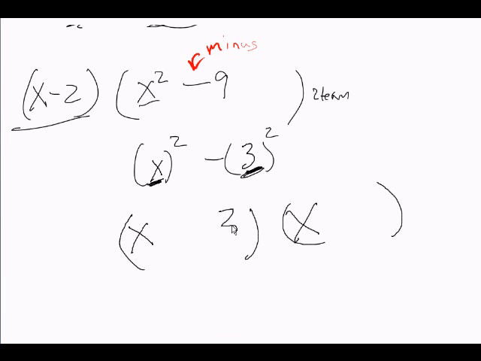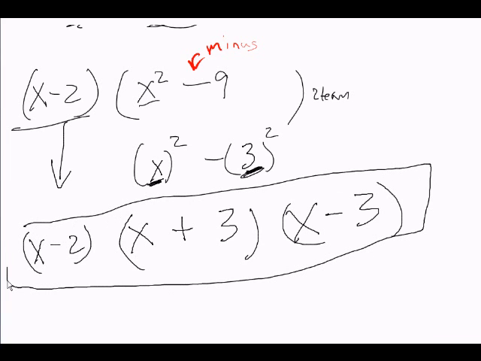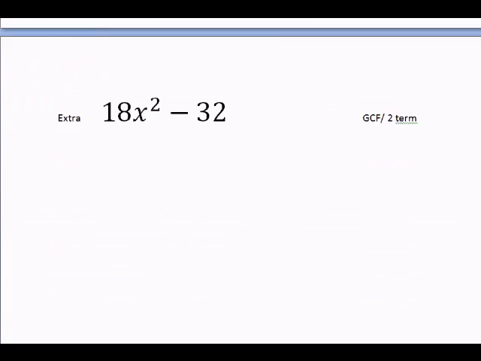Whatever's in the last parentheses goes into the last spot of each. You're always going to have 1 plus and 1 minus. That's the answer. Don't forget, x minus 2 is part of my answer also. And this is the final factored answer.